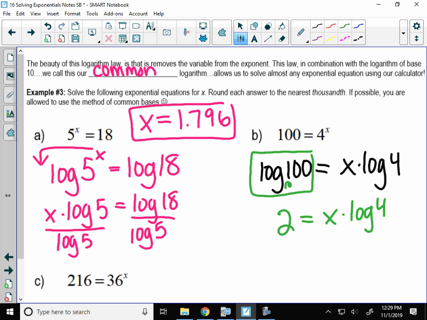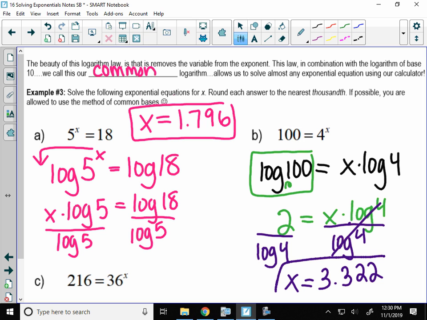You'll just have a little bit more writing to do. Now, you could probably simplify any log where the number is a power of 10. So log of 10, log of 100, log of 1,000, log of 10,000. You could simplify all those. So the only thing you have left to do is divide by log of 4. So go ahead and find for me, what's 2 divided by the log of 4? 3.322?